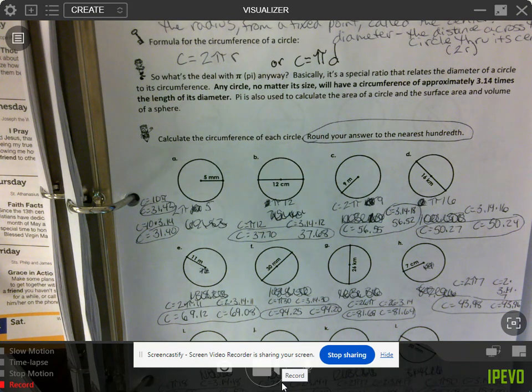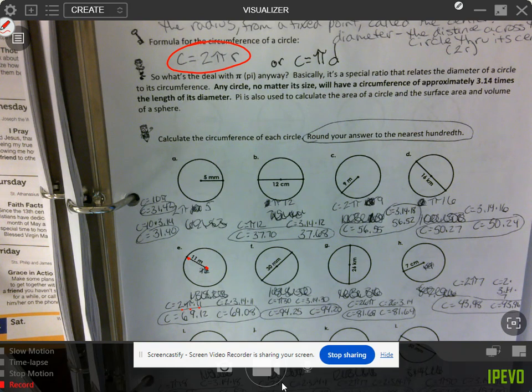That radius is the short one. So I know if I have the radius, I'm going to use this formula. I need to multiply it by 2 and then times pi. So I have 2 times pi times 11.